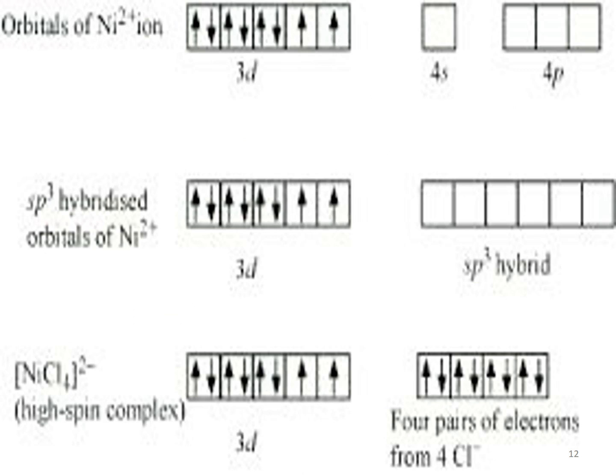This is the second case. Again, nickel is in plus 2 oxidation state. It has 2 unpaired electrons in the d orbital.